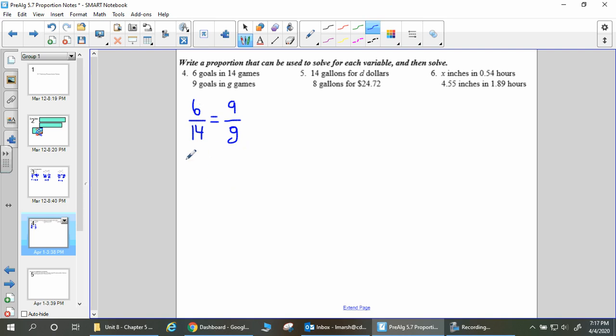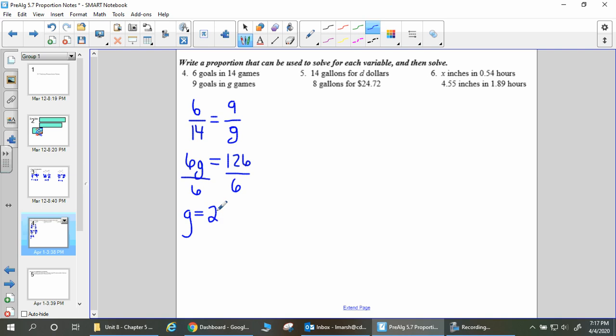So 6 times G, and that's going to equal 14 times 9, and 14 times 9 is 126. And then we need to divide by 6. And so G is going to equal 21.